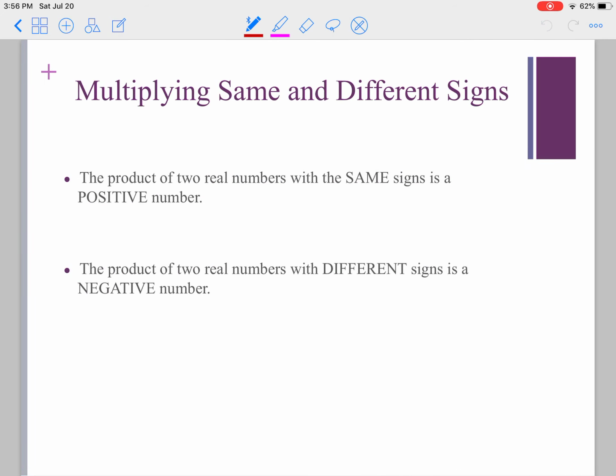So to summarize, multiplying same and different signs: the product of two real numbers with the same signs is a positive number. It doesn't matter if they're two positives, so it could be positive times positive, or it could be negative times a negative. It does not have to be two positive signs. That will result in a positive number.